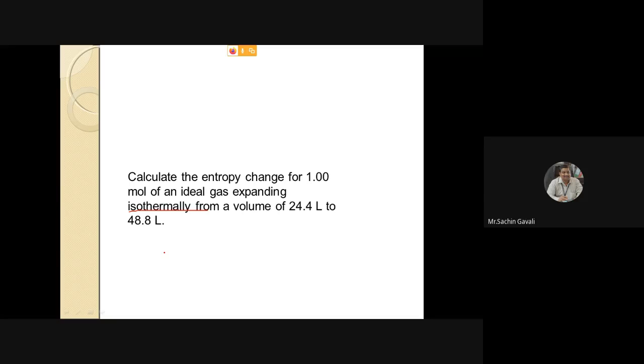Therefore, the isothermal formula is delta S is equal to mR ln of V2 upon V1. But as m is there, we can replace it by nRT. Okay, it is equal to nR ln V2 upon V1.